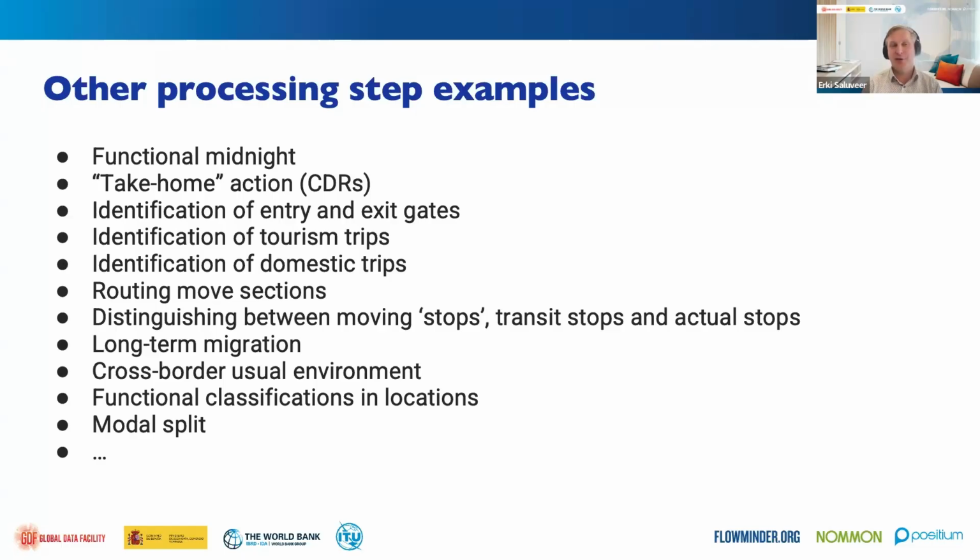You have to extend for that purpose also the trips until entry and exit gates in the country. I already talked about routing the move sections, but there are many other things that you can apply. For example, just to pick one from here, the modal split of the data. So what kind of transportation mode people use, based on the patterns of how people moved within a country.